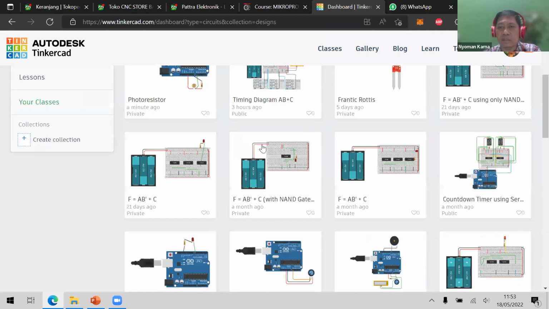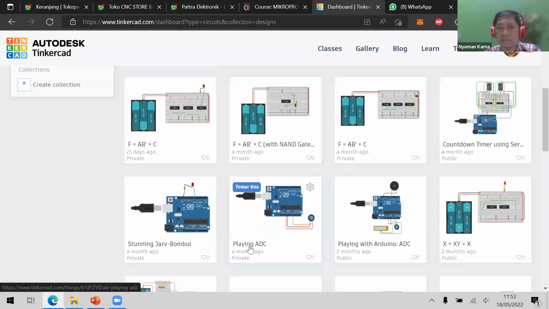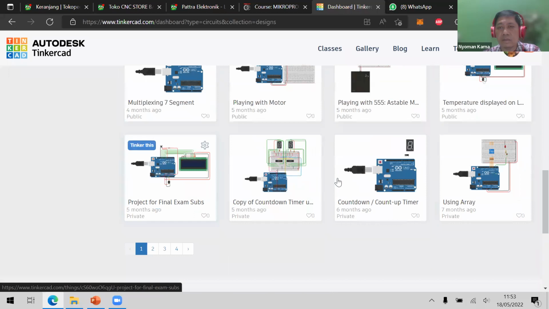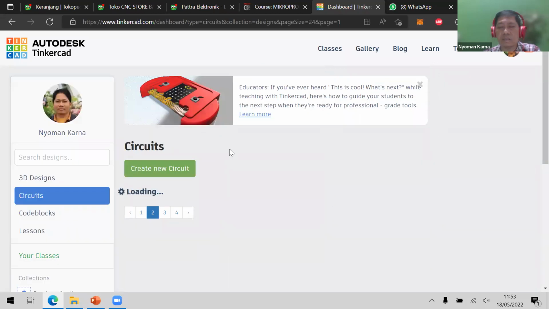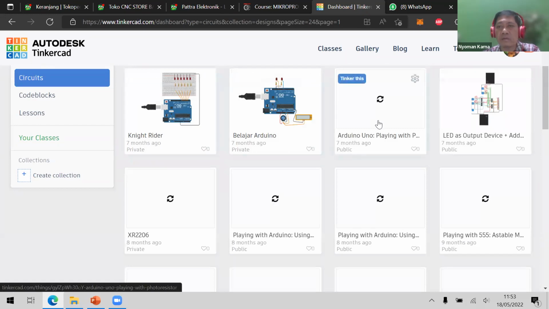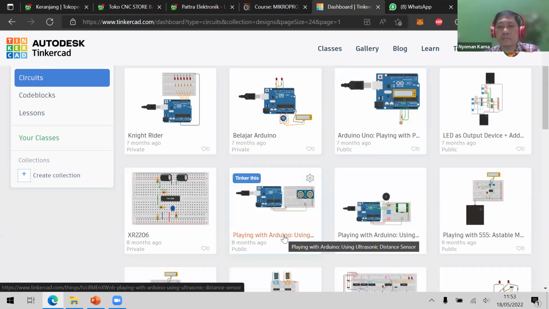It has the ultrasonic distance sensor. Okay, where is it? Let's try the second page. Okay, still loading. Okay, this one.